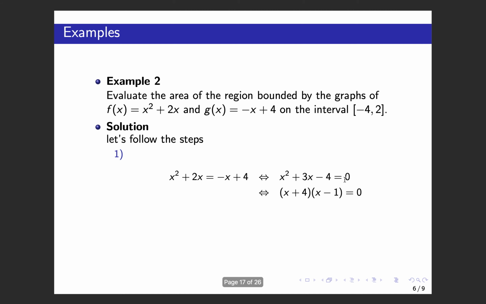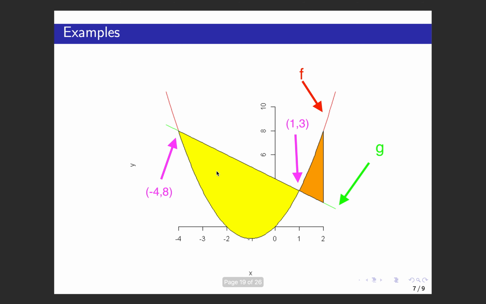We factor it, and the zeros will be x equals negative 4 or x equals 1. We put this in the graphs. This is the function f, and the green one is the graph of g, and the intersection points are (minus 4, 8) and the second one is (1, 3).